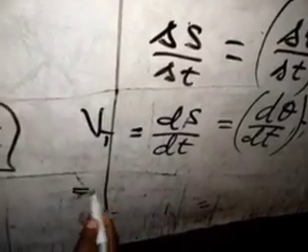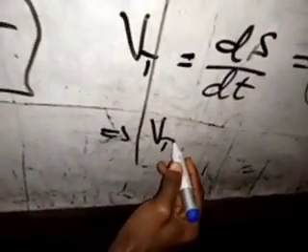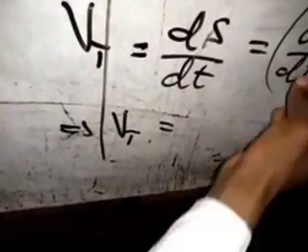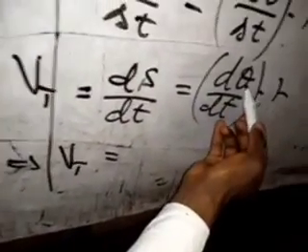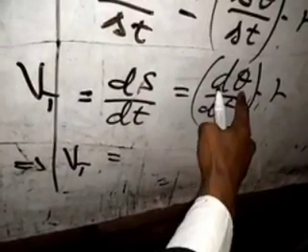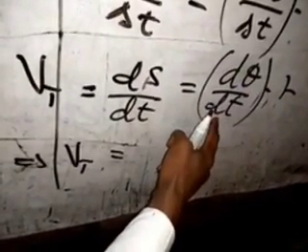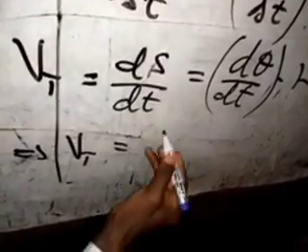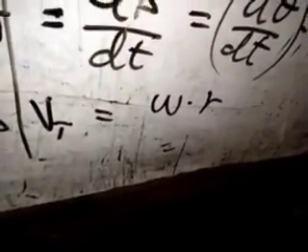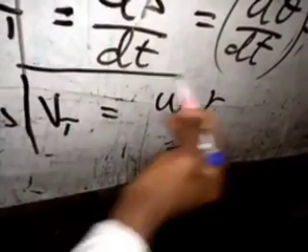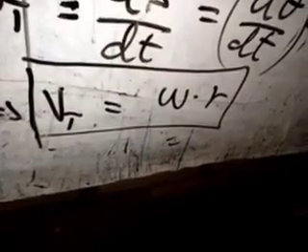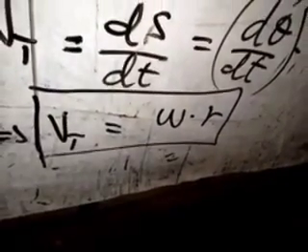So the tangential velocity v sub t will simply be equal to d theta/dt, which is the rate of change of angular displacement with respect to time, our angular velocity omega, times r. So our tangential velocity is equal to omega times r.